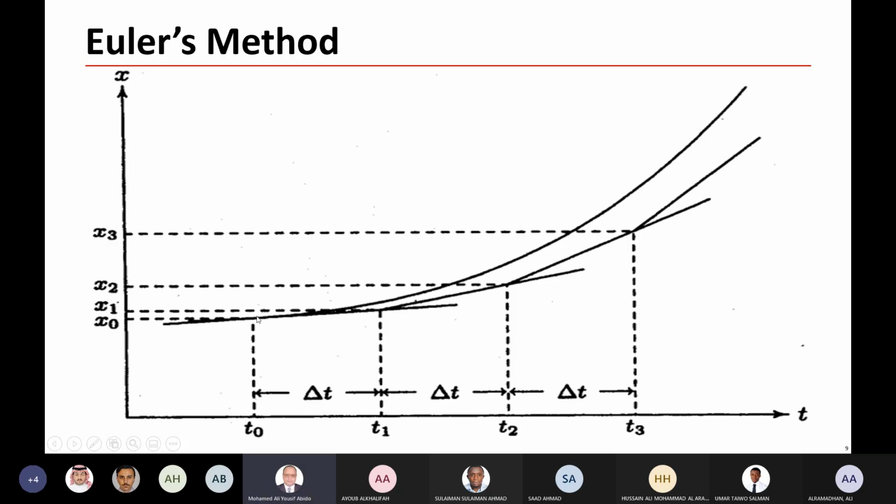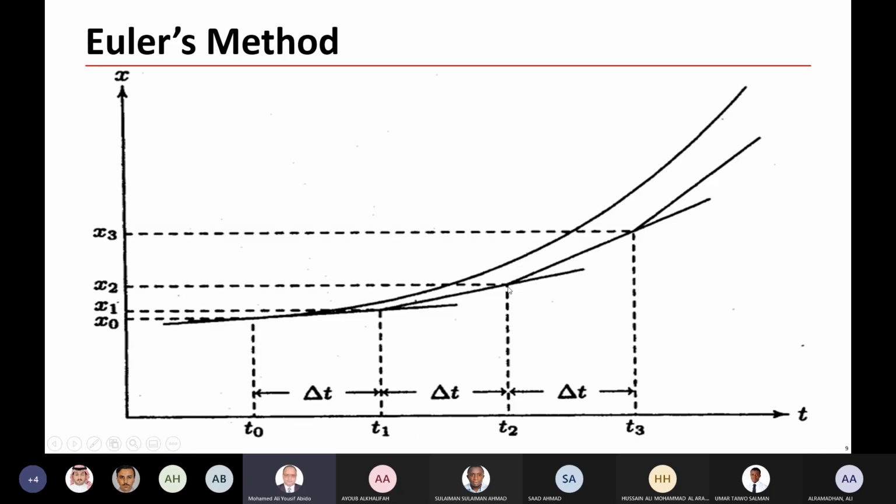So this is t0, and then you increase the time by delta t, and then you calculate the derivative again at this point, and you approximate the curve by a straight line between t1 and t2.